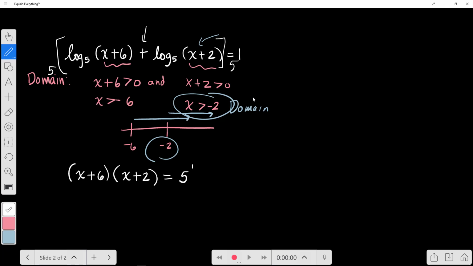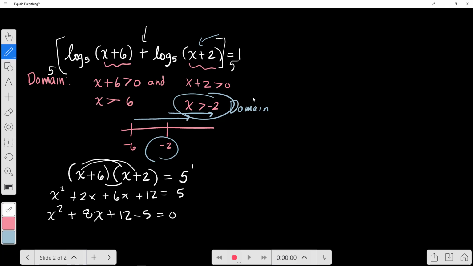All I did was write it in the same base. Now I do that FOIL thing: x squared plus 2x plus 6x plus 12 equals 5. I get x squared plus 8x plus 12 minus 5, moving the 5 to the other side, so x squared plus 8x plus 7 equals 0.